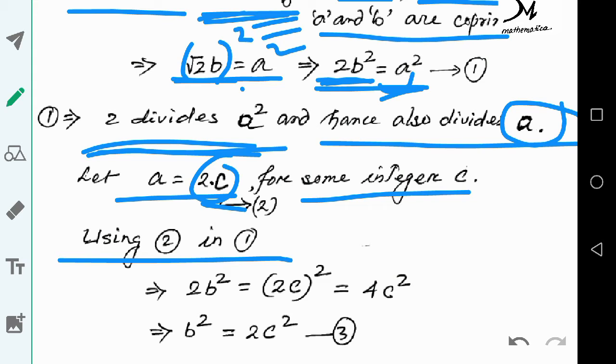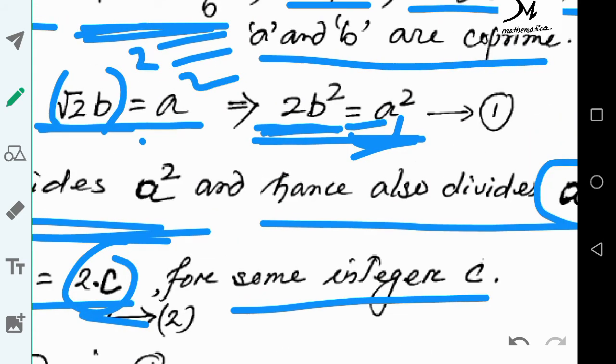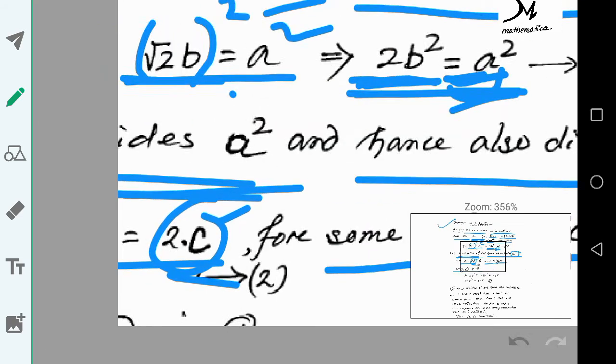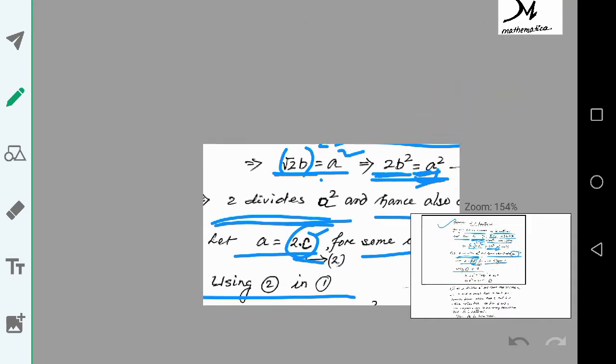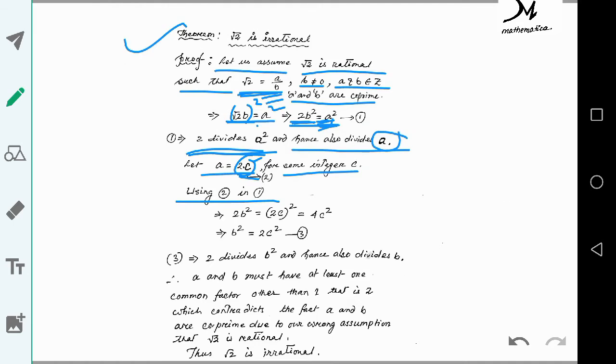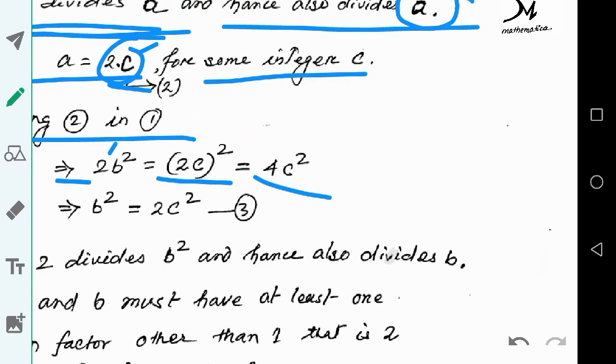Now replace this a by twice c, because a is equal to twice c. Doing so, we have got twice b square is equal to twice c whole square, which gives 4c square. Now cancelling both sides by 2, 2 2s are 4. On this side we have got b square is equal to twice c square.